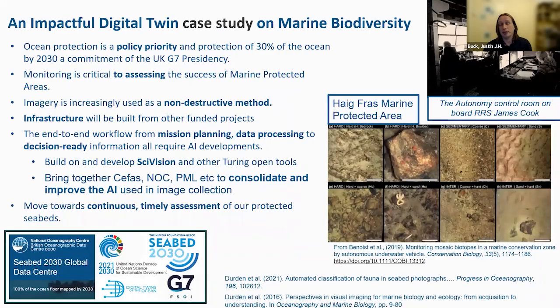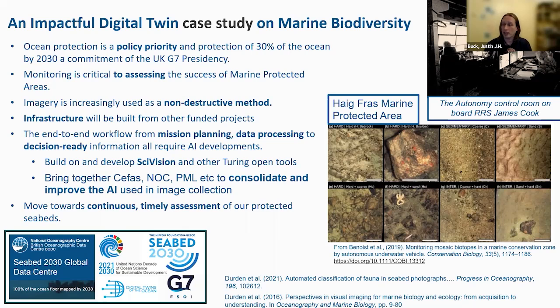The Hague-FRAS digital twin is a high impact case study. It's about biodiversity, and Hague-FRAS is a region just off the southwest of the UK. It's a cold water reef, and it's a marine protected area. So as part of the policy and the monitoring of the region, we need to monitor it regularly. We need to report on the biodiversity, we need to report on its environmental health.